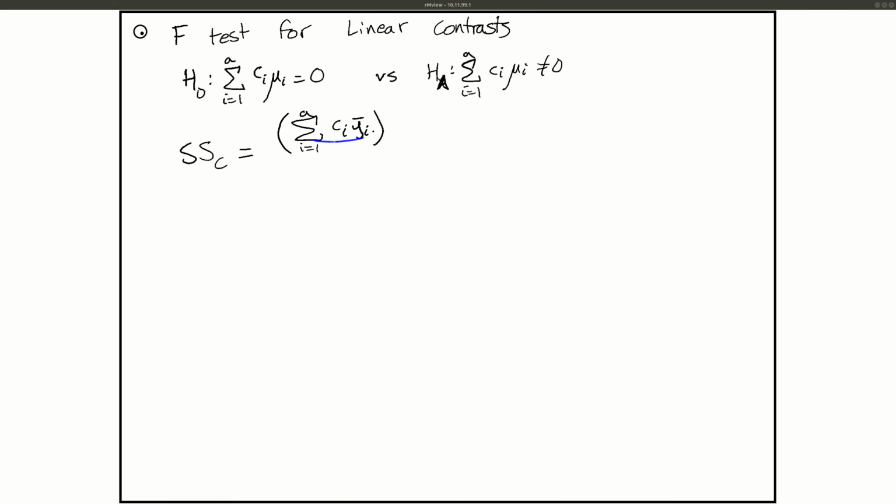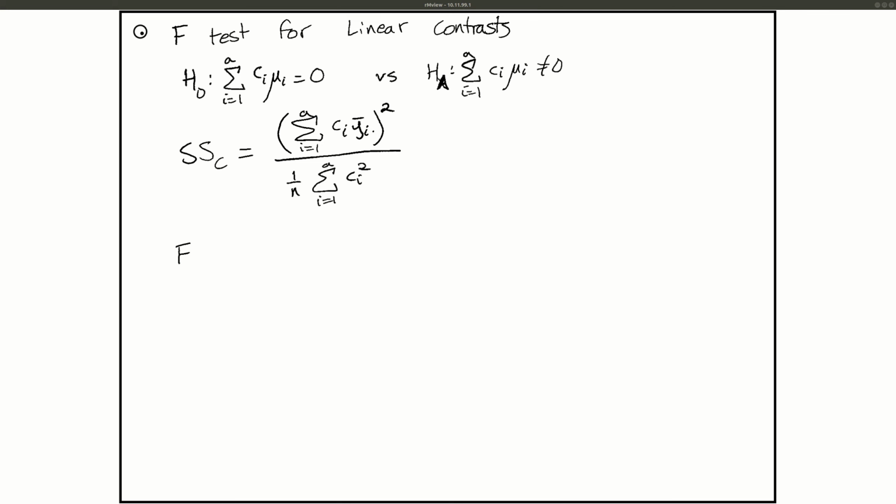We take this whole sum and square it, and then divide by 1 over n, our sample size for each group, times the sum from i equals 1 to a of our contrast coefficients squared. This gives us the sum of squares due to this particular contrast.